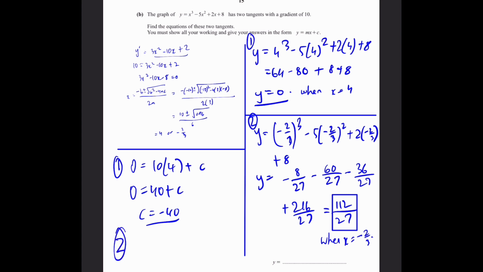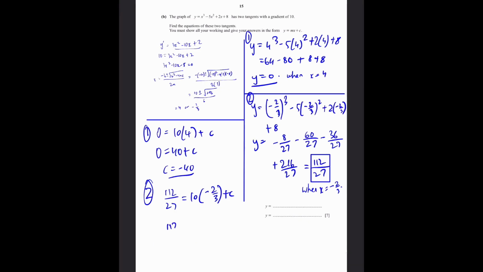And now for the second one, we can do 112 by 27 is equal to 10 times minus 2 by 3 plus c, which is equal to 112 by 27, that's minus 20 by 3, which you can write as minus 180 by 27, plus c. So c equals 292 by 27.